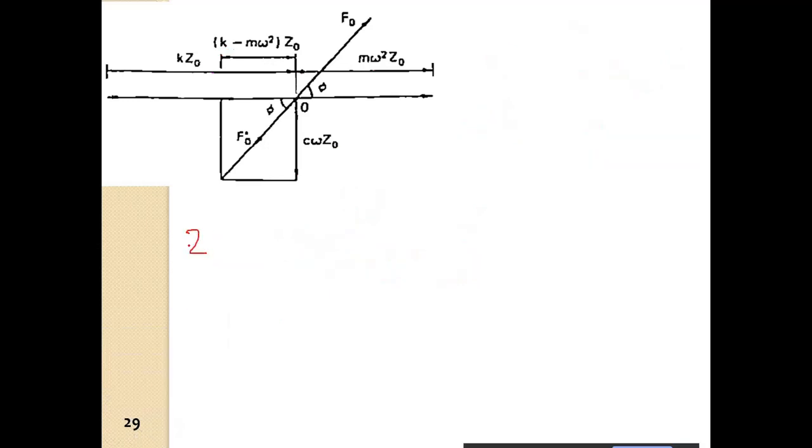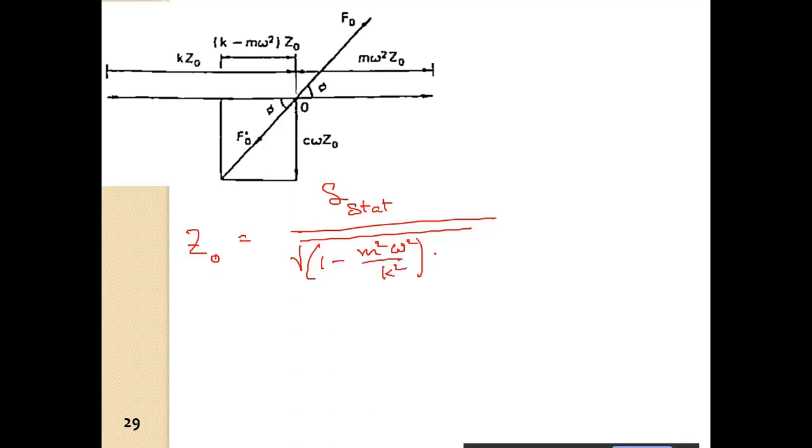Now we can write Z naught is equal to delta static by root over 1 minus m square omega square by k square, plus c omega by k square.